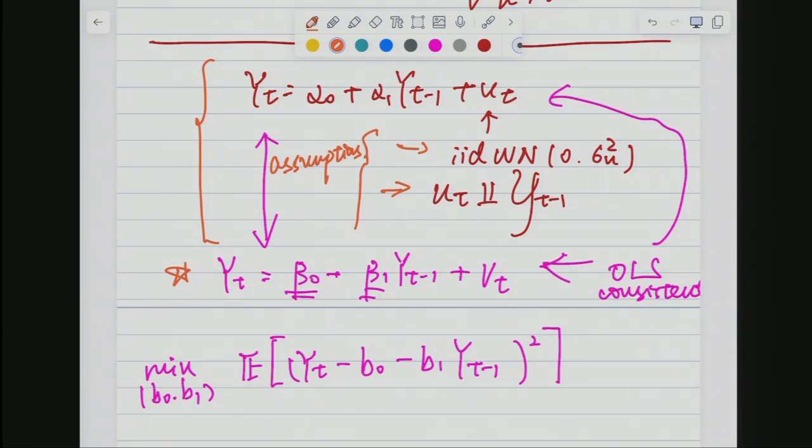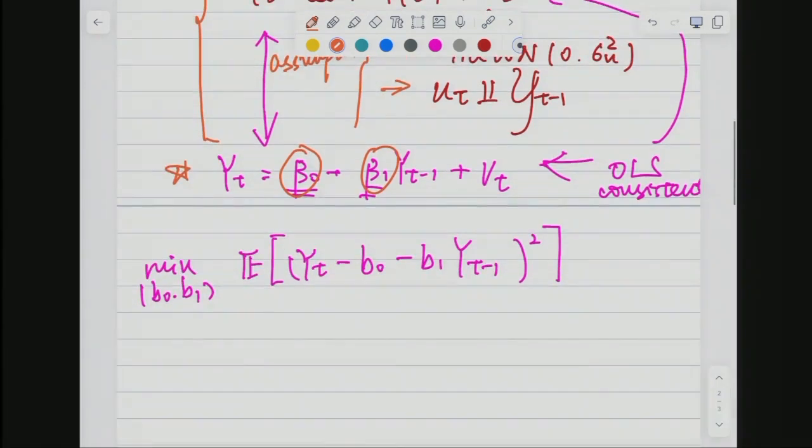So, why are they mathematically the same? First of all, remember this beta naught and beta 1, they are the unique solutions to the best linear prediction problem. And we find the beta naught and beta 1 basically by solving the first order conditions. Remember, the two first order conditions in solving this minimization problem essentially give us two mechanical properties.